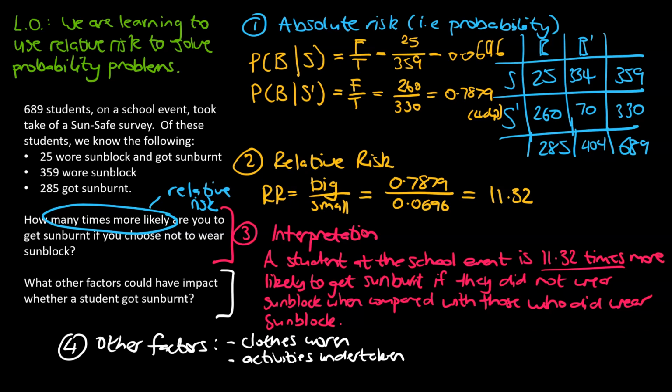And there could also be other factors in the bigger, wider picture. So there could have been more socioeconomic factors. Sunblock is actually quite expensive, so students who come from families who may not be able to afford it, unfortunately, they may have to go without. And so there could be a whole bunch of other factors. So obviously you'd want to explain those last points in sentence form.